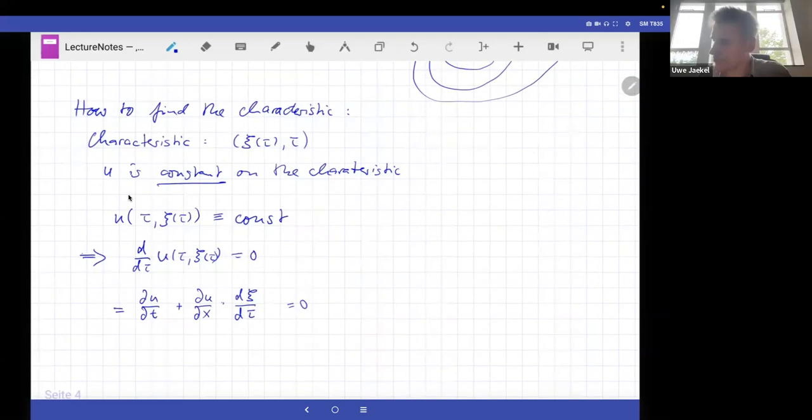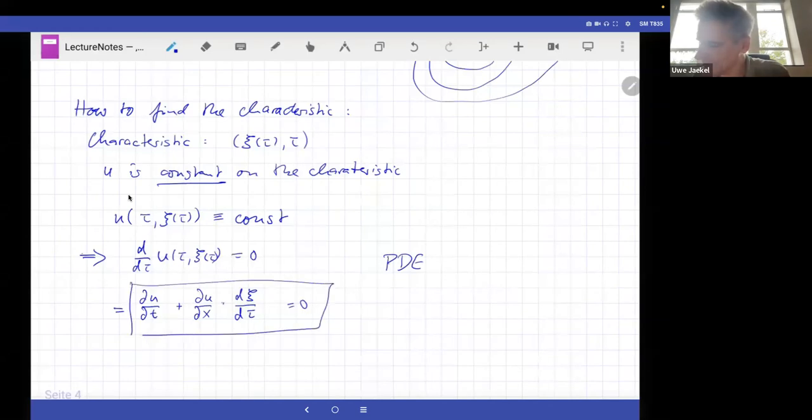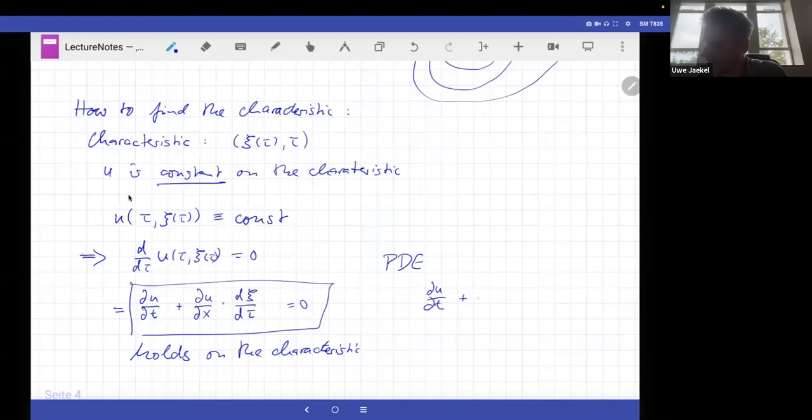But on the other hand, our PDE holds everywhere, not only on the characteristic. It looks very similar: du over dt plus A times du over dx.